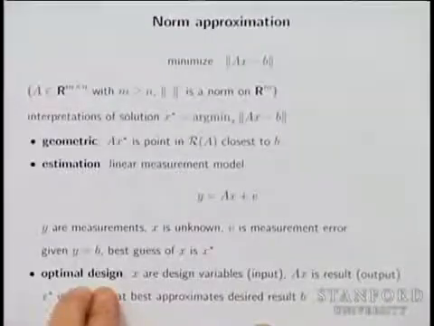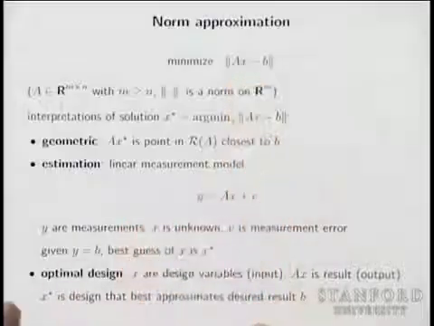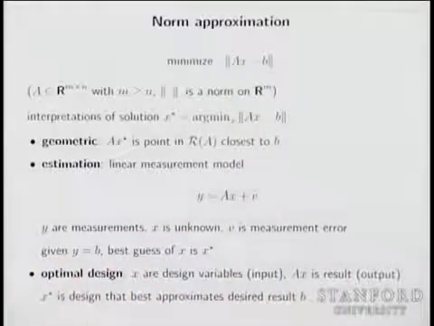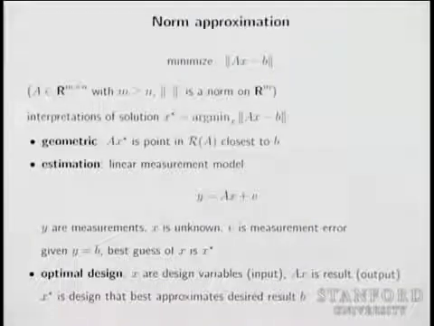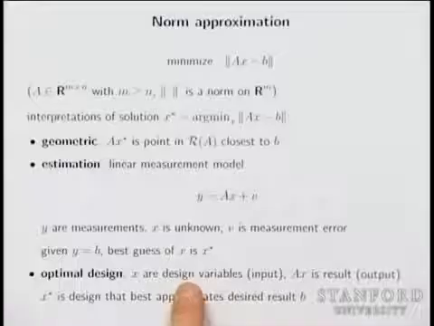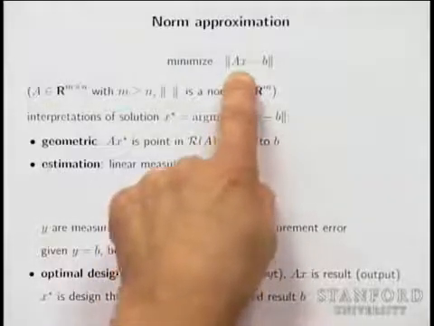In another case, it's just optimal design. So in that case, the vector x or its coefficients, these are design parameters. These could be inputs in an optimal control problem. They could be anything. They could be inputs that you're going to send to a communication system, something like that. Ax is the result of your action. So x is an action.